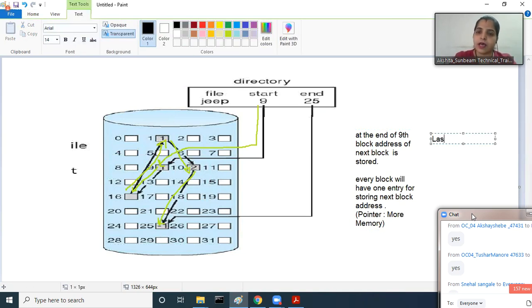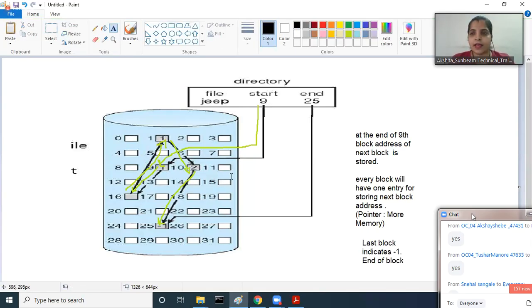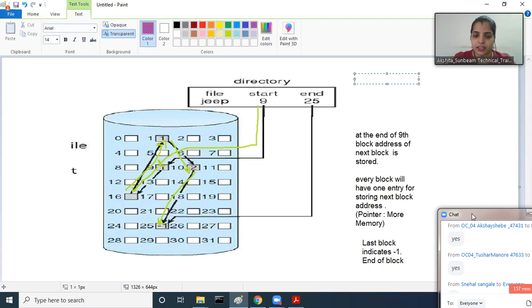Also, the last block indicates -1, which is the end of the block. The advantage over here is that there will be no external fragmentation. But the major disadvantage is, if one block got corrupted or got destroyed, the whole file cannot be opened.